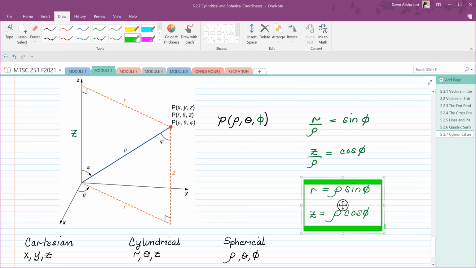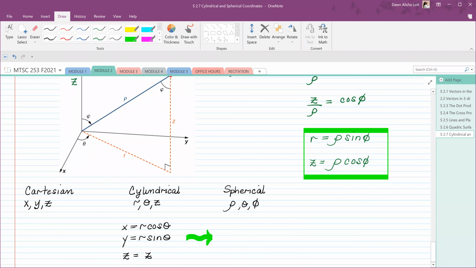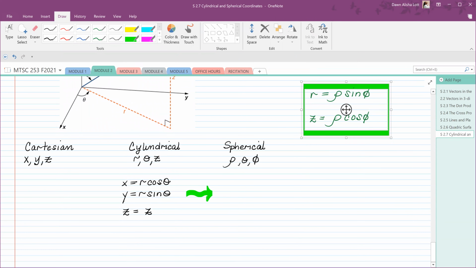Those are the new equations that I need to be able to relate x in terms of rho, theta, and phi, because I can now replace the r inside the x. X is equal to rho sine phi cosine theta.